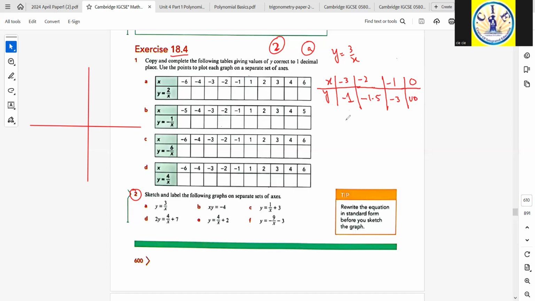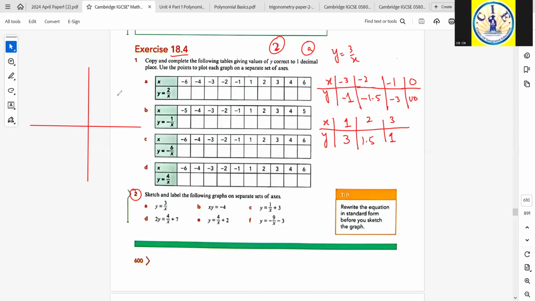Then for 1, the value of x is 1, the value of y is 3. When x is 2, the value of y is 3 by 2, that is 1.5. And when the value of x is 3, the value of y is 3 by 3, that is 1.